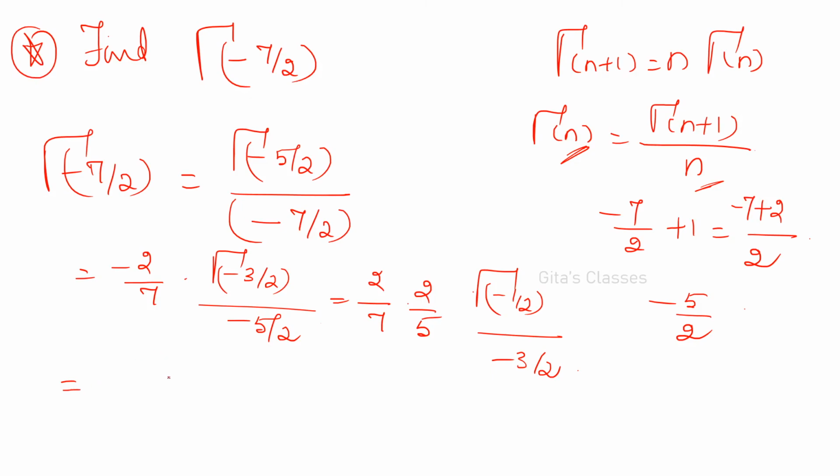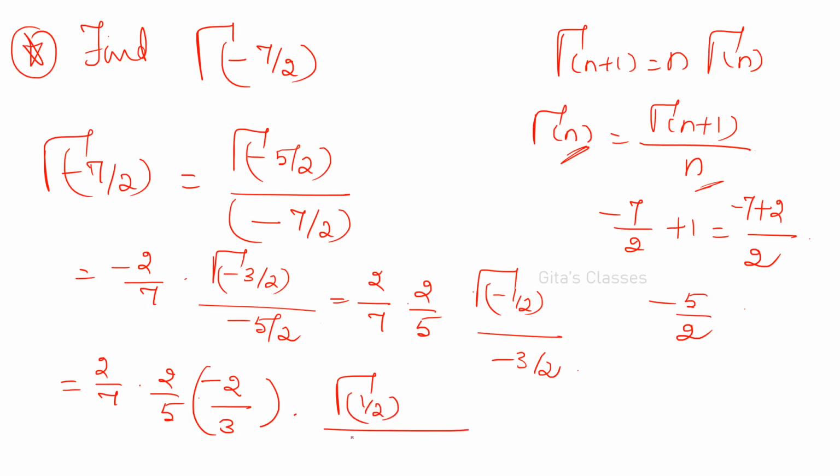This is equal to again 2 by 7 into 2 by 5 into 2 by 3 into minus 2 by 3 into gamma of minus 1 by 2, which can be written as gamma of 1 by 2 divided by minus 1 by 2, using gamma of n plus 1. So this minus and minus will become plus.